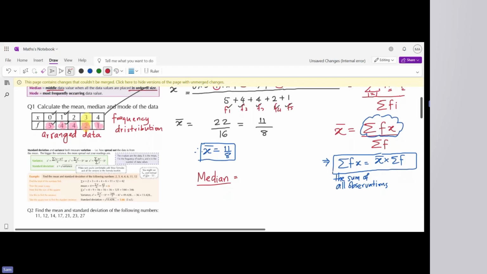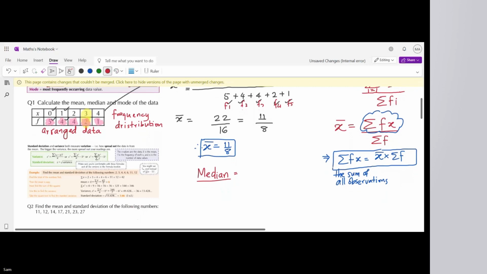But the way data is given to you in this table, I'll make this table once again in the vertical form.